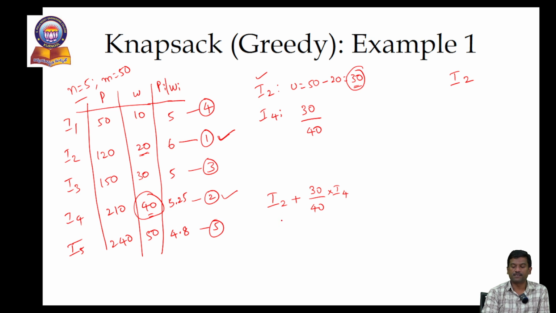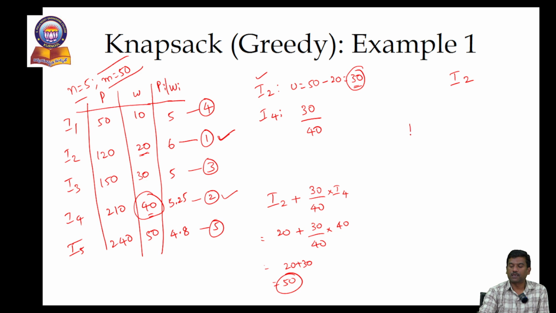The weight is 20 plus 30 by 40 into 40, which is equal to 20 plus 30, that is 50. This is the capacity, so we can have these items included.